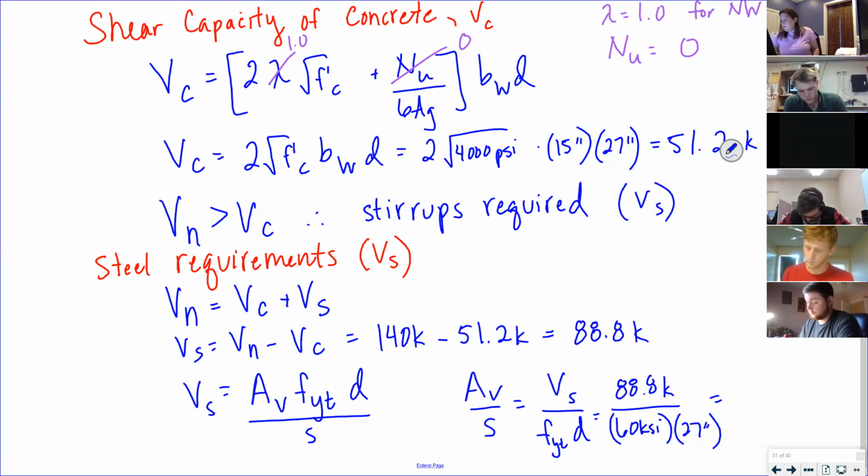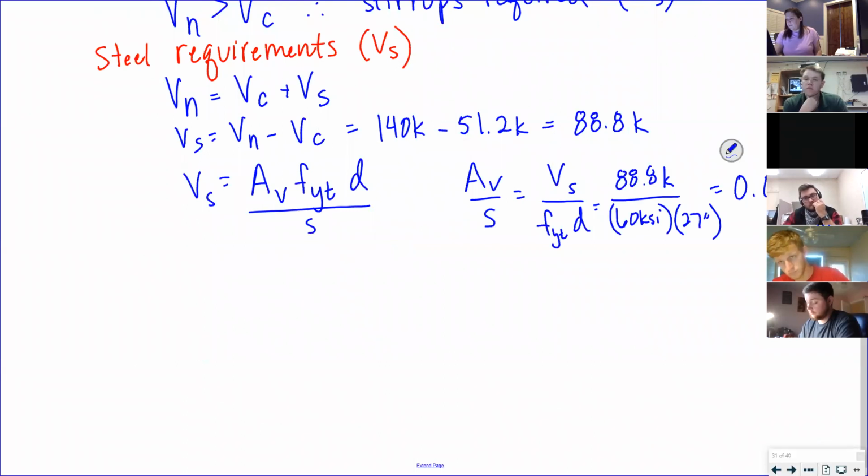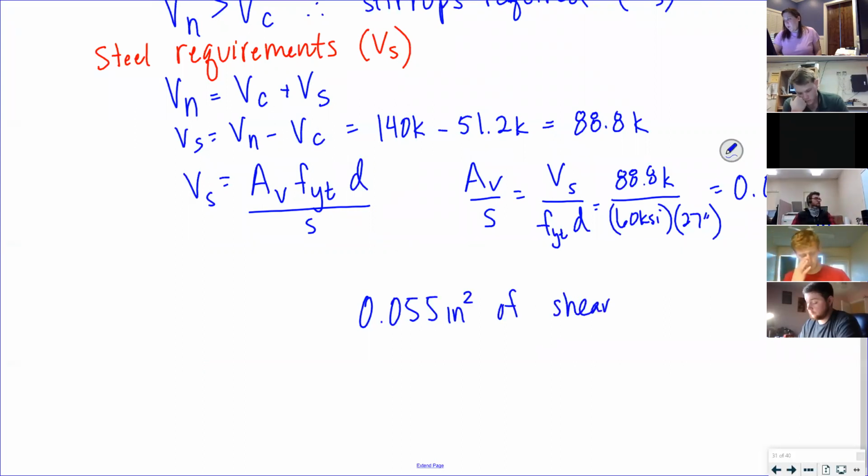You should get 0.055 inches squared per inch. Really, it's inches squared per inch. You need to provide 0.055 square inches of shear reinforcement per inch of length. That's what that means.